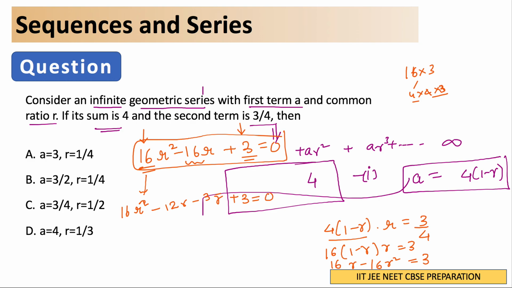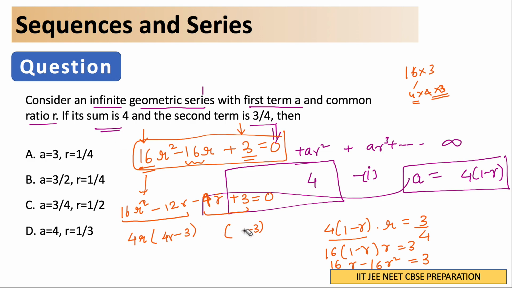Now we can take 4r common, and what we get is 4r minus 3, and then here also you can write 4r minus 3. Sorry, 4 into 3 is 12 and this is 4, so you have 4r minus 1.